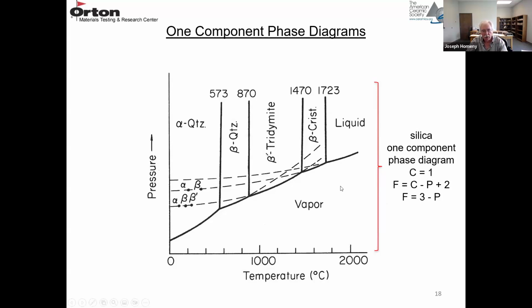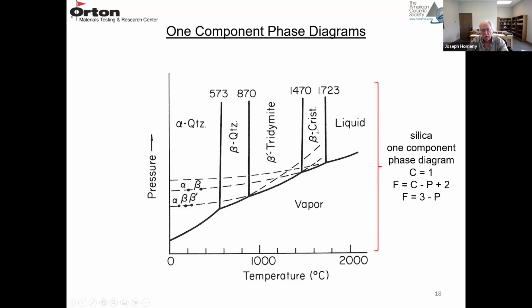And something to note on these phase diagrams, if you start out with the liquid and lower the temperature, say at a constant pressure, you should crystallize beta cristobalite, but a silica glass is very viscous, and we mentioned the more viscous the glass is, the harder it is to crystallize.